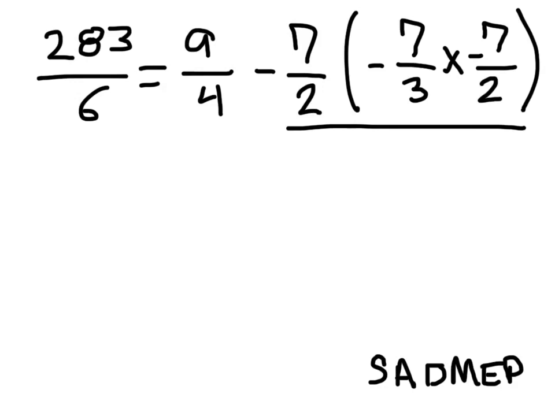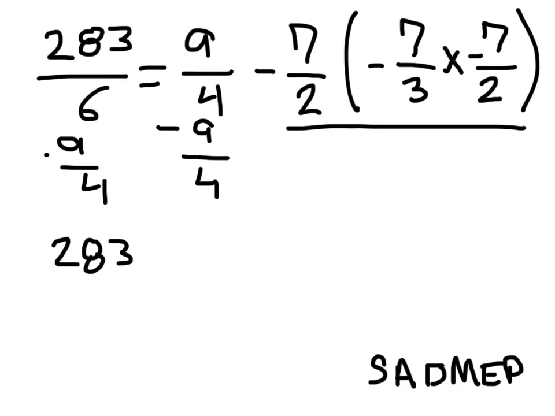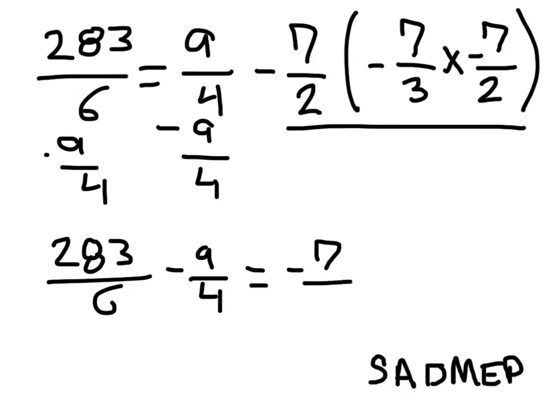So we're going to reverse that and get 9/4 to the other side. It's positive, so we're going to subtract it. 9/4 minus 9/4. Now we have 283 over 6 minus 9/4 equals -7/2 in our parentheses.